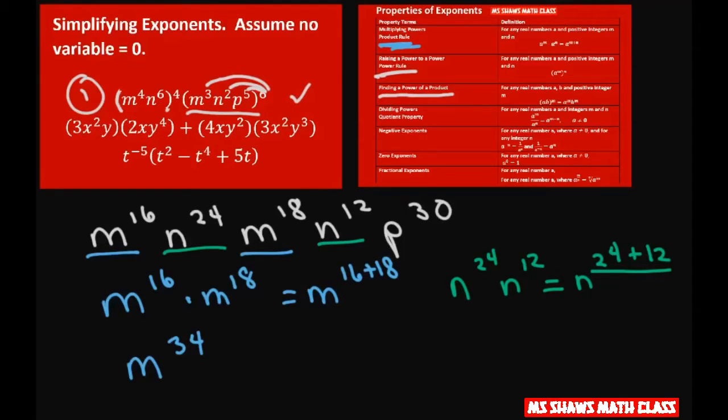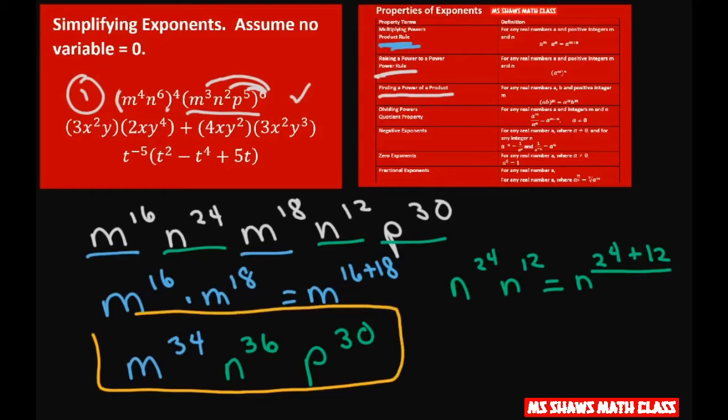So that's going to be n to the 36th. All right, and then for p, we don't have anything to combine with the p. So your final answer will be this right there. And we used basically 3 rules on that.